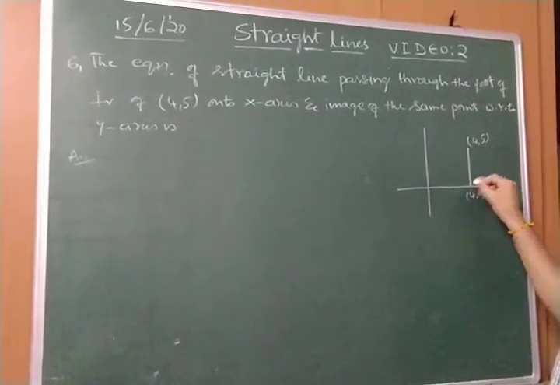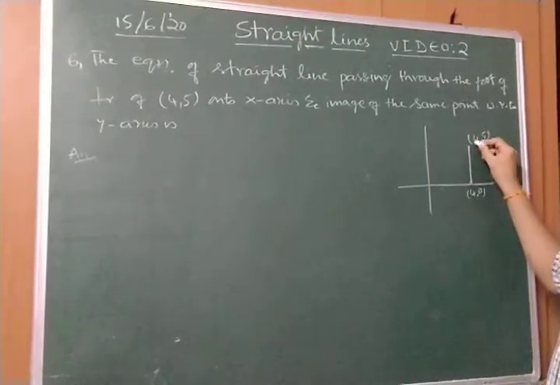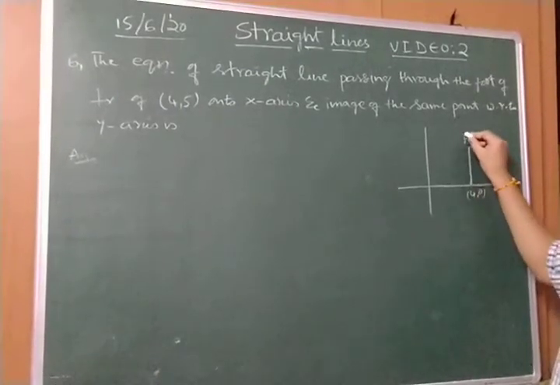The foot of the perpendicular from P to the x-axis is (4, 0).